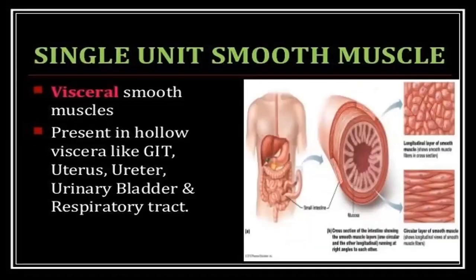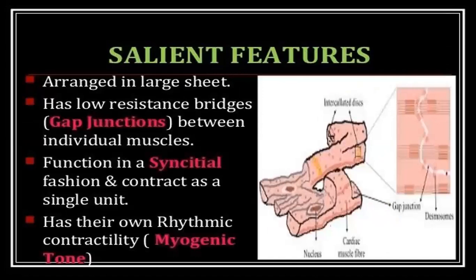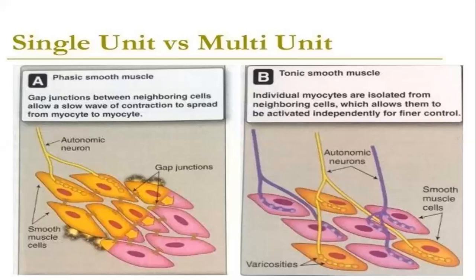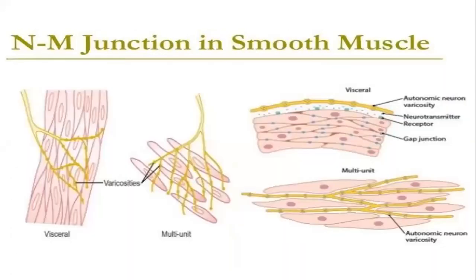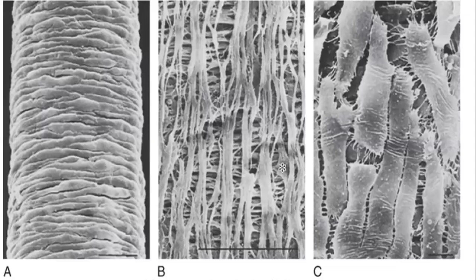So, multi-unit and single unit smooth muscle. In the single unit, there are gap junctions present. So, they function as a syncytium because they are connected via low resistance bridges with one another.